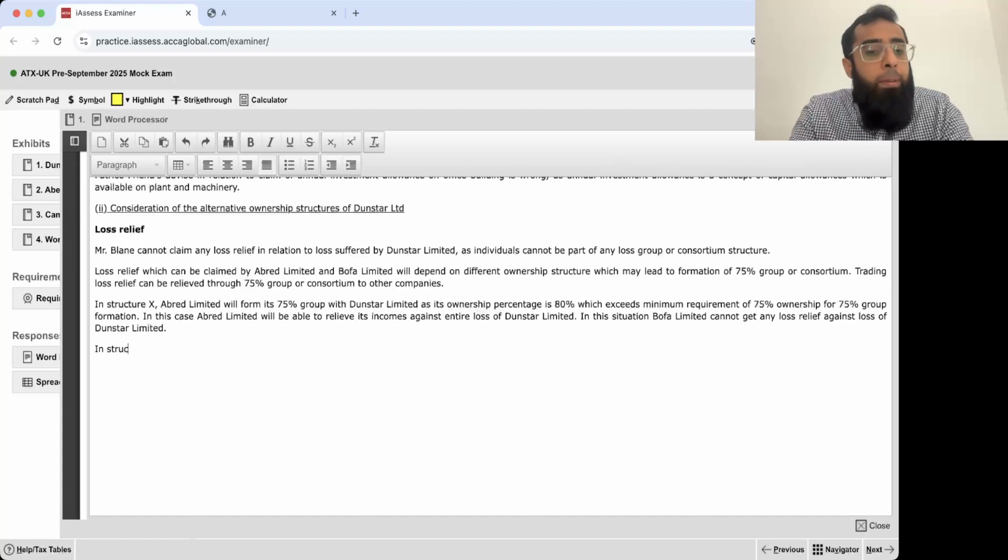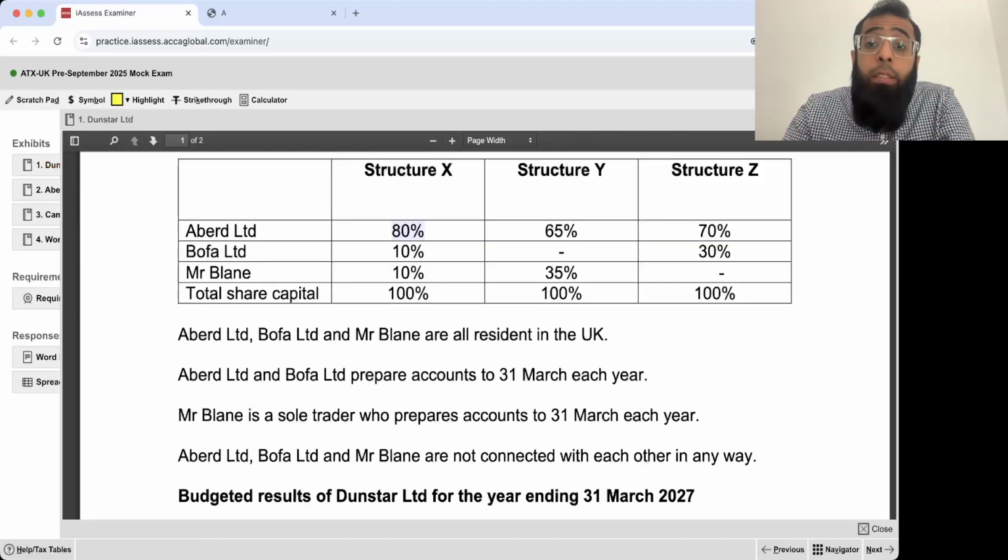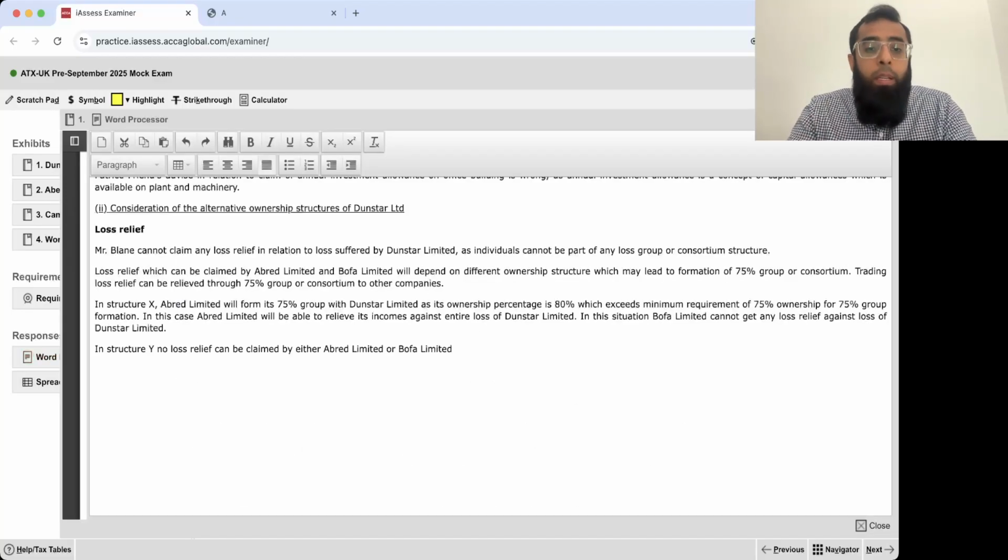In structure Y, no loss relief can be claimed by either Abrid Limited or BOFA Limited, because if you remember structure Y, it is 65% by Abrid and Mr. Blaine having 35%. So no 75% group and no consortium, because an individual cannot be part of a consortium. Neither a 75% group nor a consortium was formed.